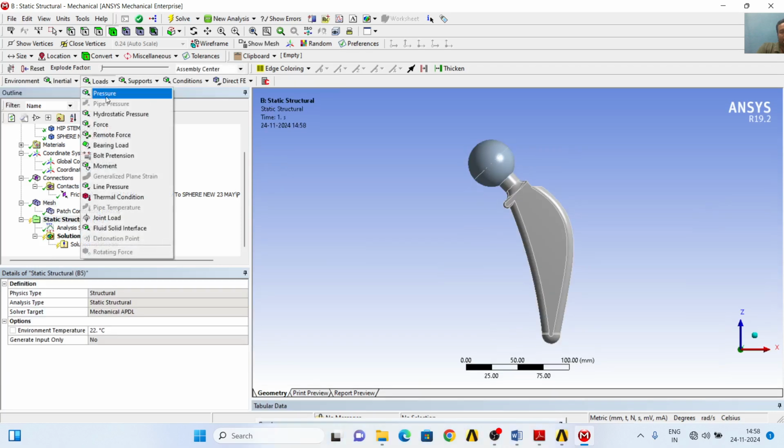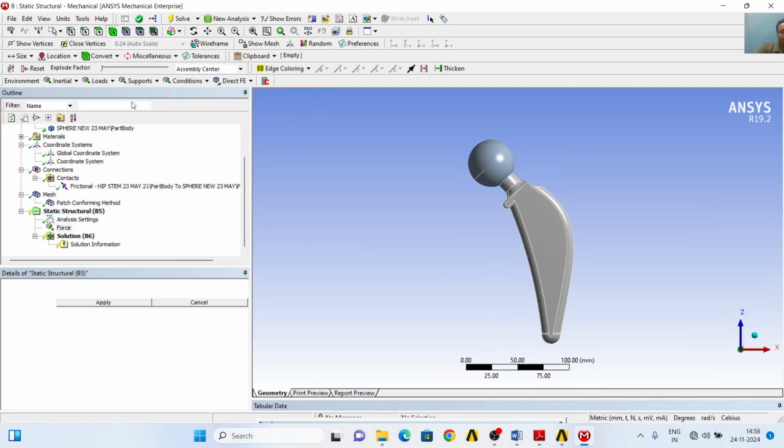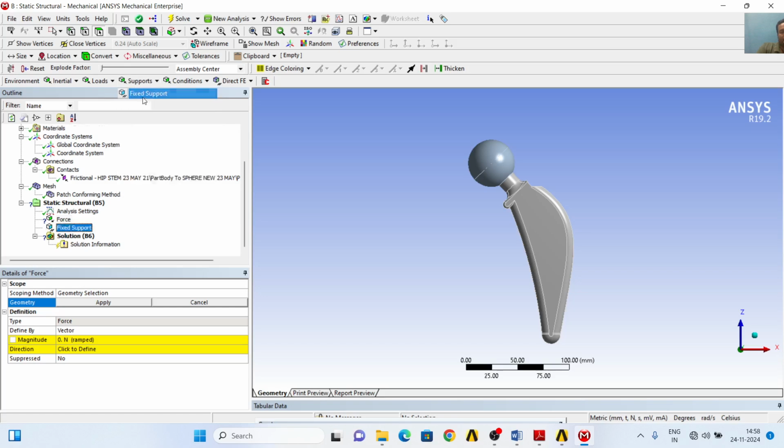I will create a force and a fixed support. I will apply the fixed support at the bottom.